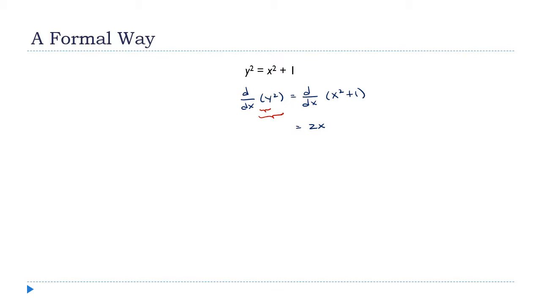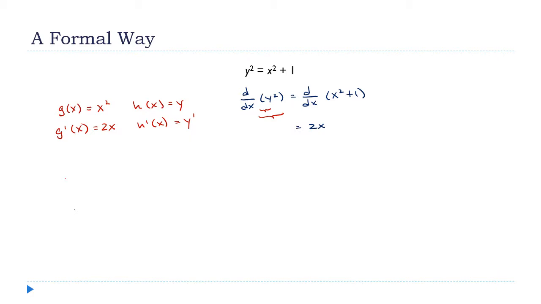Let's see if I can write this in chain rule terms. I'm going to let g of x equal x squared and h of x equal y. Then g prime of x is 2x, and h prime of x is y prime.